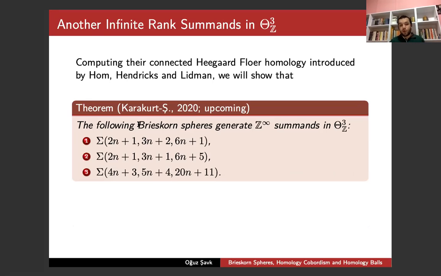In an upcoming paper, we will also compute their connected Heegaard Floer homology, introduced recently by Hendricks, Hom, and Lidman, and we will prove that these Brieskorn spheres also generate an infinite rank subgroup in the homology cobordism group.